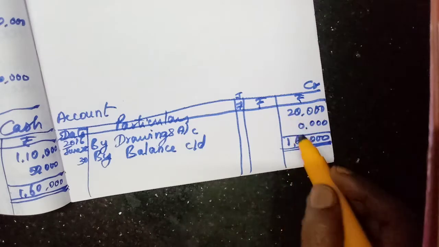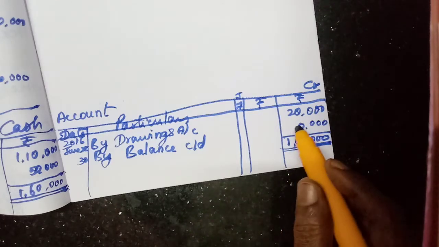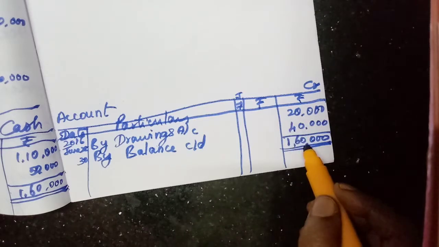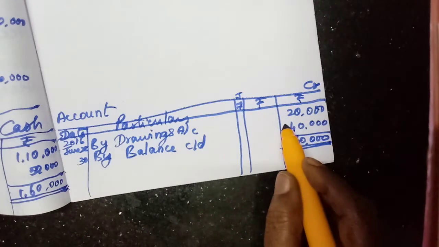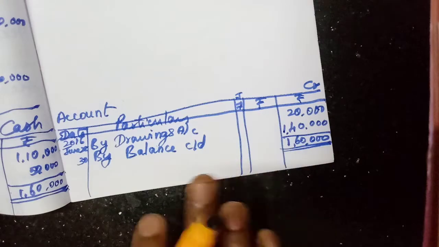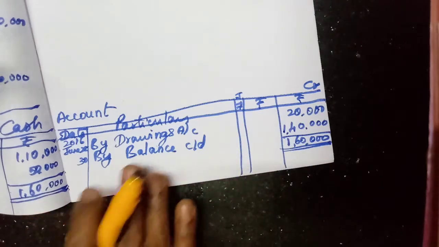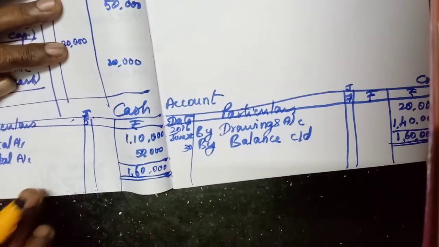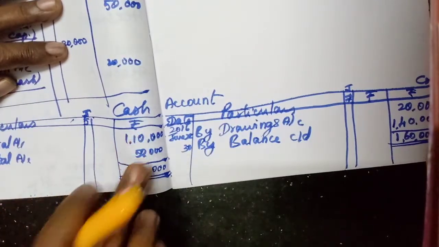Here we have 2. To get 6, what we have to do? We have to add 4 along with the 2. So 4 plus 2, 6. Then here nothing, 1. So what is the amount? 1,40,000. Okay. So this cash account is having debit balance because debit side total is more.